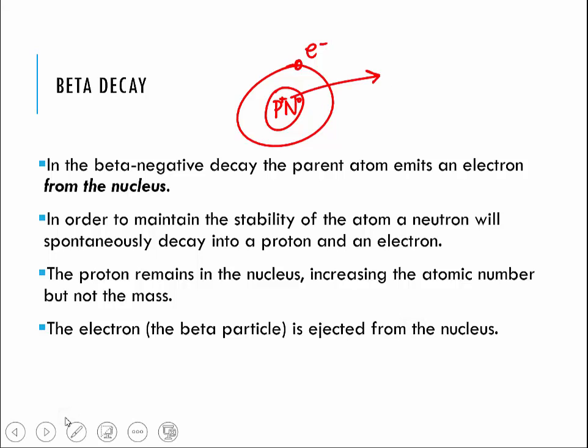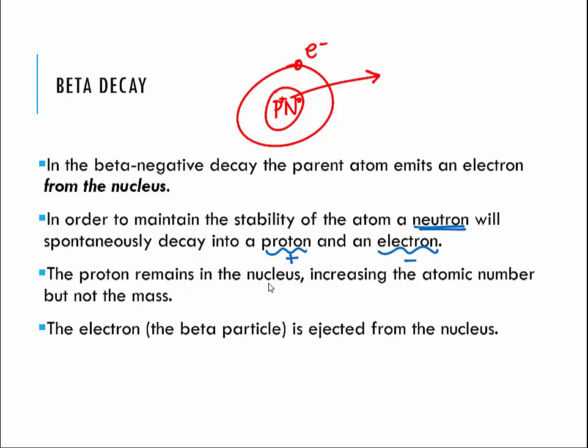Now, in order to make that happen, a neutron, so one of the guys in the middle here, turns into a proton and an electron, okay? So our neutron in the middle, which has no charge, turns into something that's positively charged plus something that's negatively charged, and those two things cancel each other out.